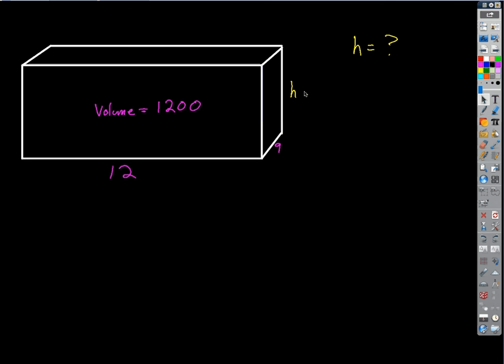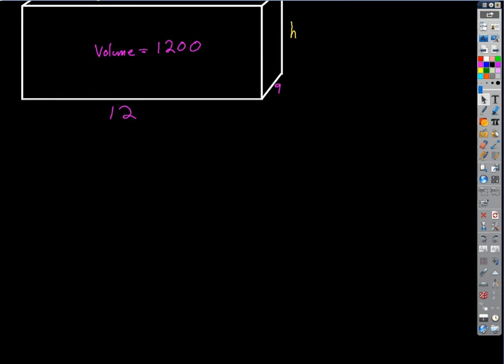Isn't length times width times height the volume? Okay, good. So we could start with 12 times 9 times h equals 1,200. So take 12 times 9, then divide 1,200 by that and you get the answer.